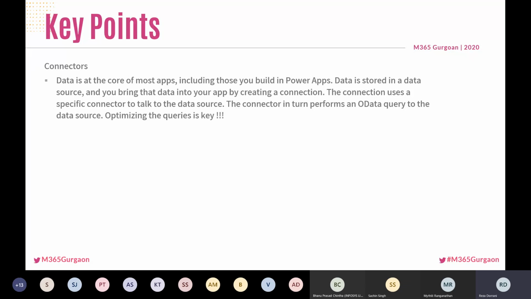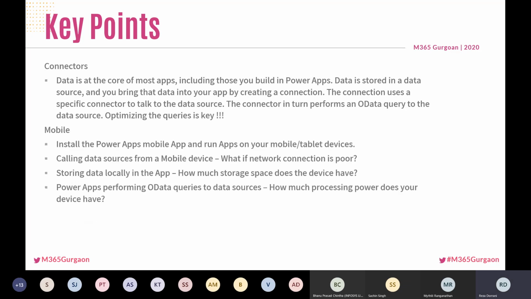The first point was connectors. Connectors allow you to connect to your data sources or services no matter where they live: Office 365, other cloud services, or on-premises systems. Key point number two: Power Apps is designed with the mobile experience in mind. You have a mobile app and you can run your apps directly on your mobile device.